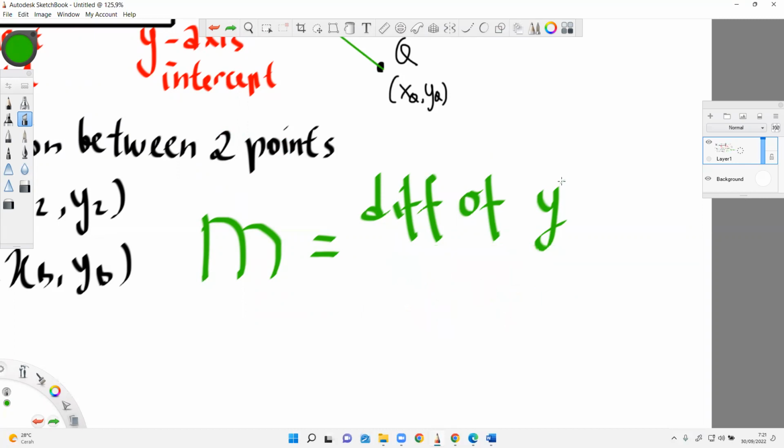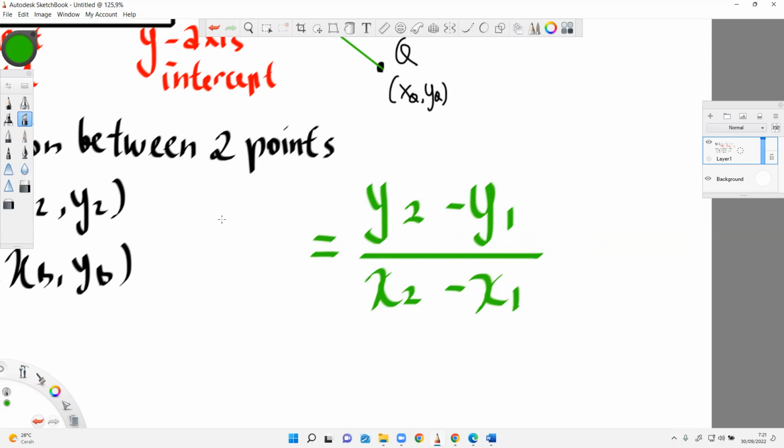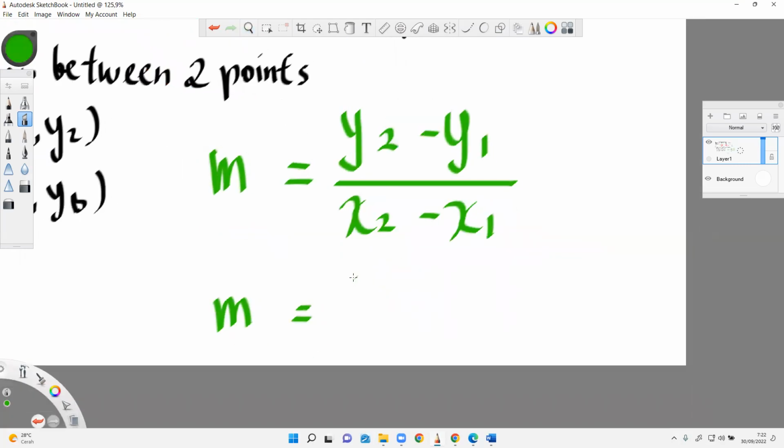How do you do the difference of y? Simple: y2 minus y1 over the difference of x, x2 minus x1. Mr. Hans, I want to ask you why I put y2 minus y1. How about if I put y1 minus y2? Can we do that? Yes.